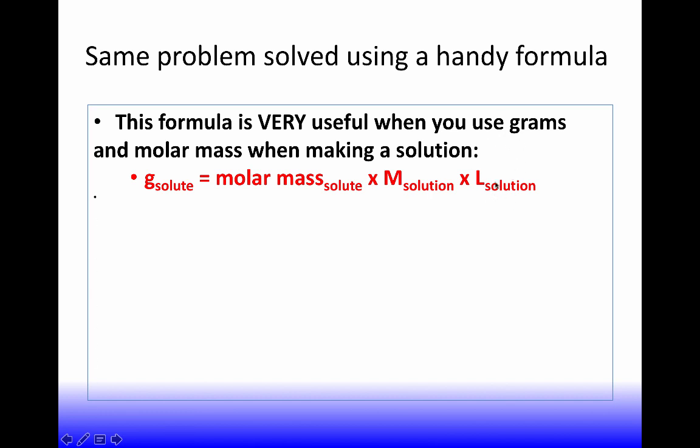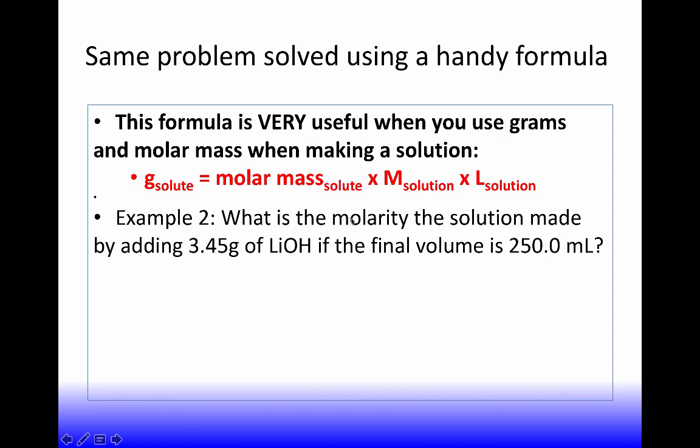Now let me show you with the example we just had. We're trying to find molarity, that's M, made by adding 3.45 grams of lithium hydroxide, that's grams of solute. Final volume in milliliters, well, we can convert that to liters, and we can use the formula to find molar mass. So we'll have grams, molar mass, volume in liters, solve for M, and we'll have our answer.